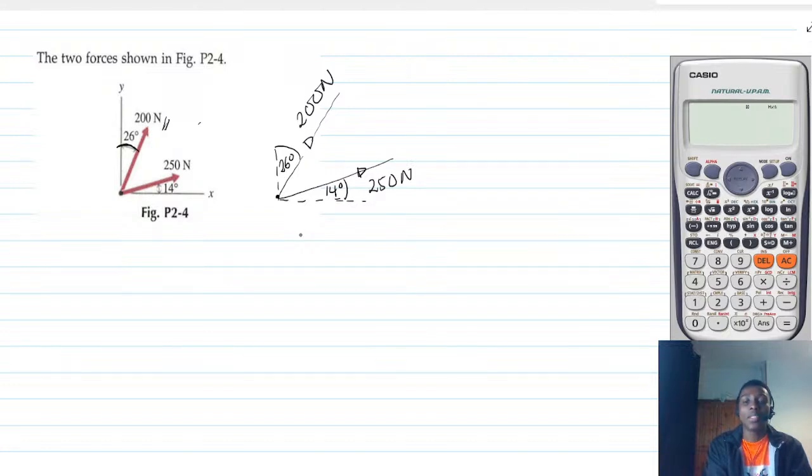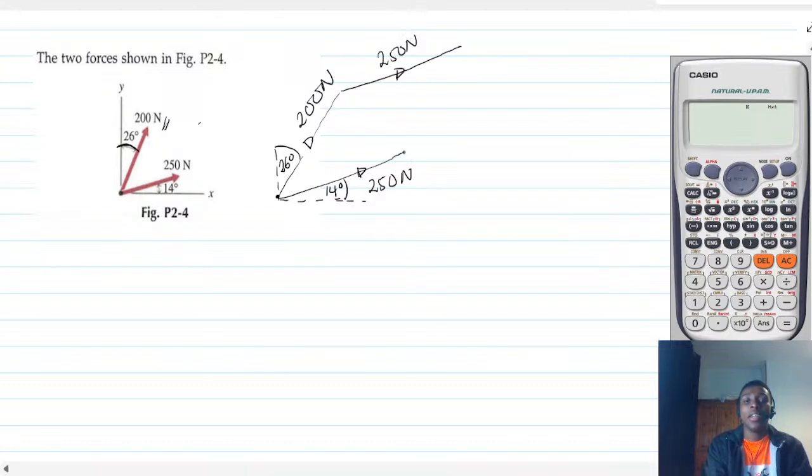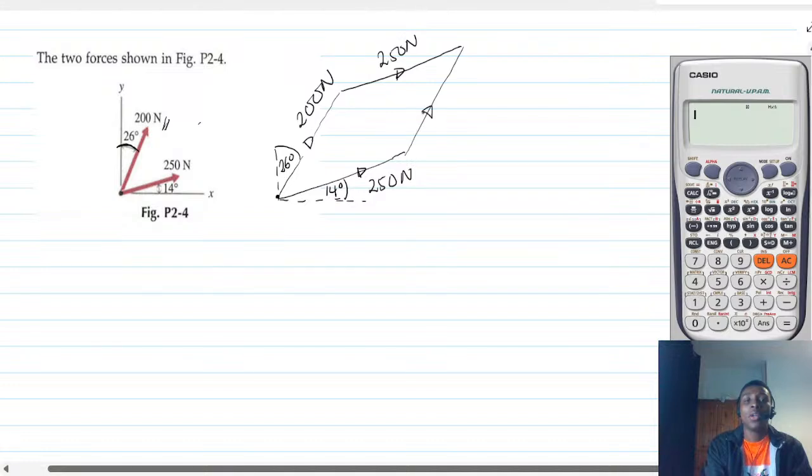Then how can I find the resultant? That is pretty much simple. I will draw a line parallel to the 250 newtons, and then draw a line parallel to the 200 newtons.